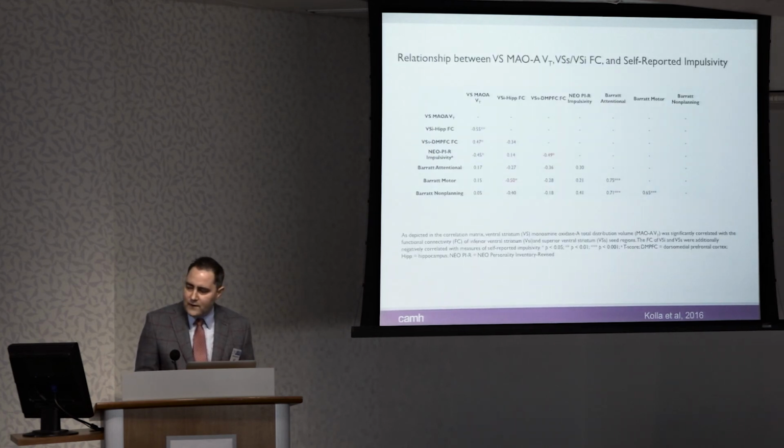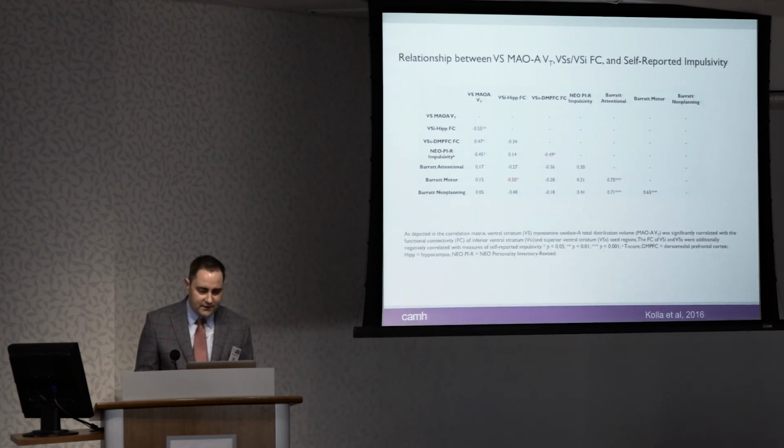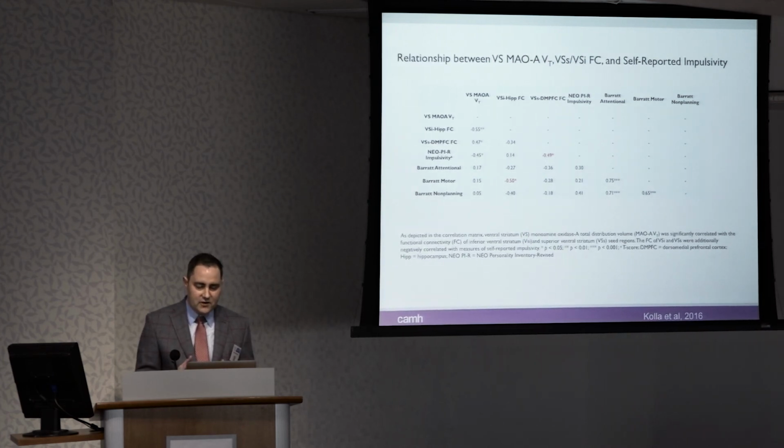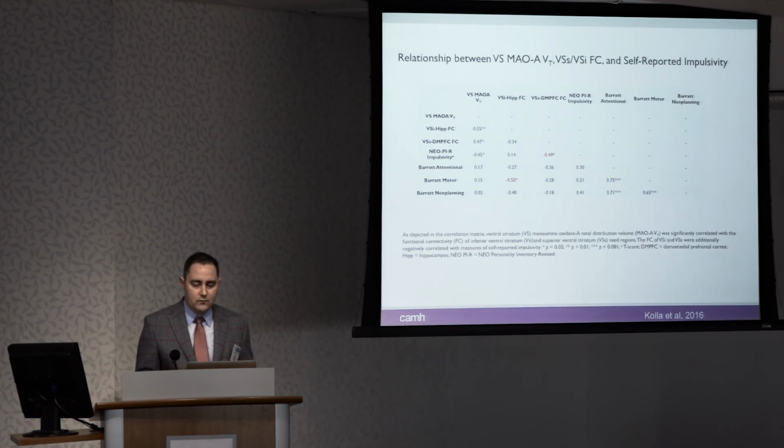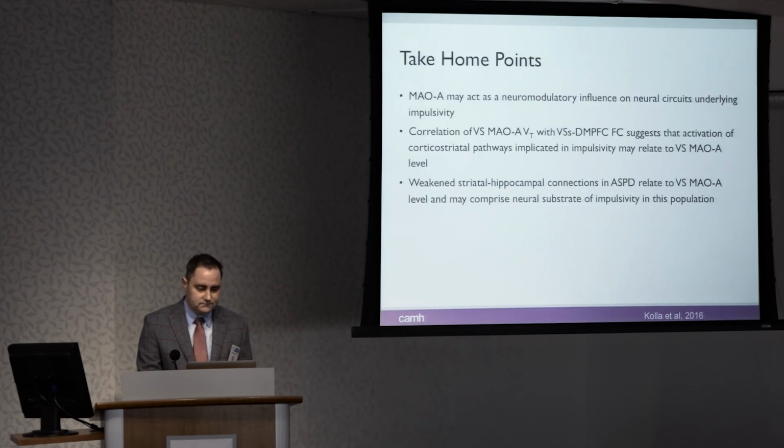And what you see in the red are negative correlations between different functional connectivities and markers of impulsivity, showing that the functional strength was inversely related to markers of impulsivity in this population.